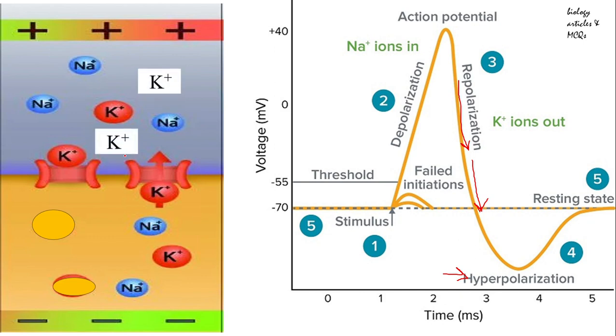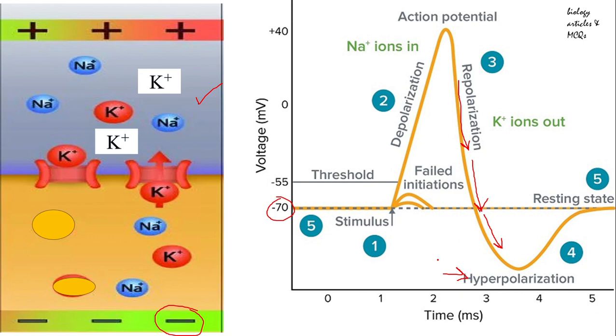And as the positive ions are now in a much greater concentration outside than inside, the inside will become more negative, more negative than minus 70 millivolts. This state is called hyperpolarization.